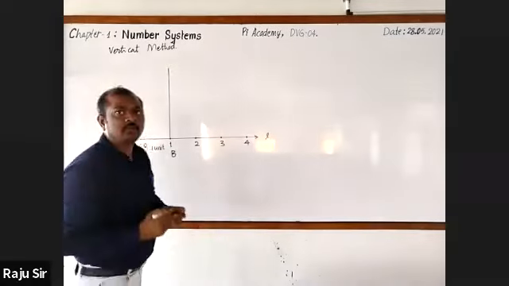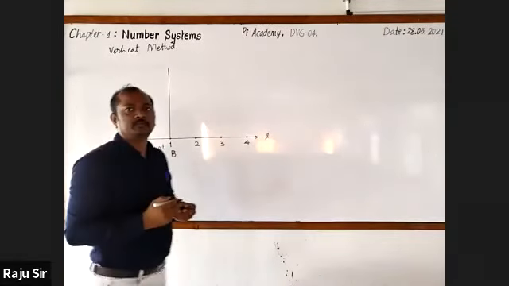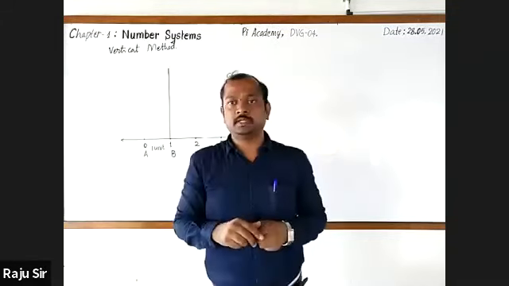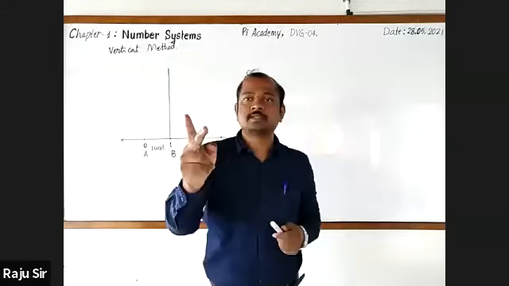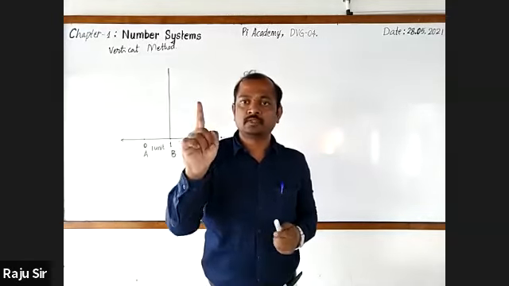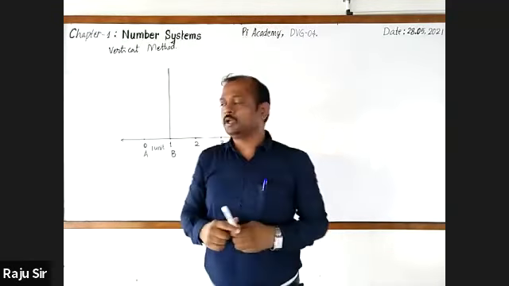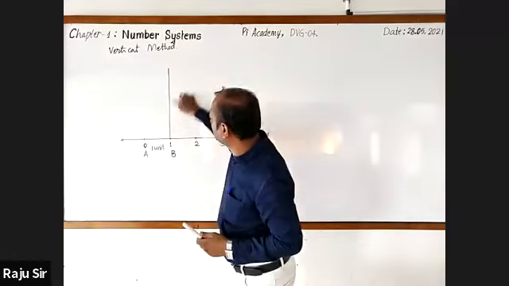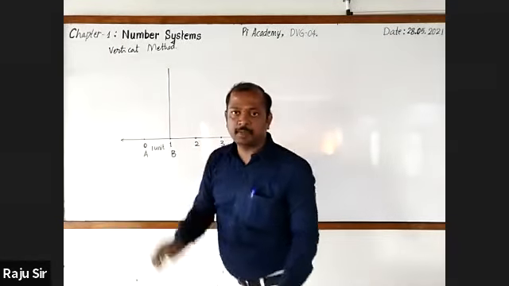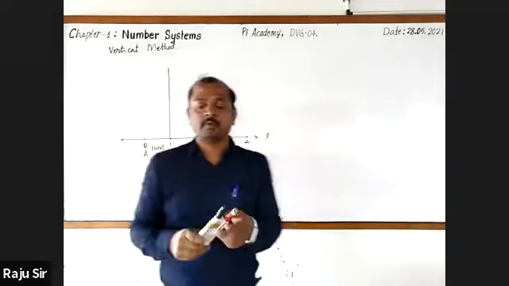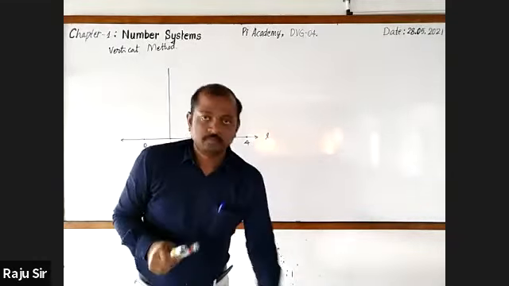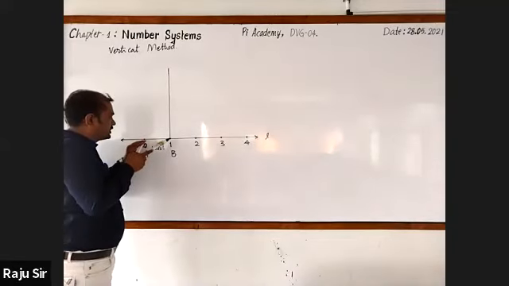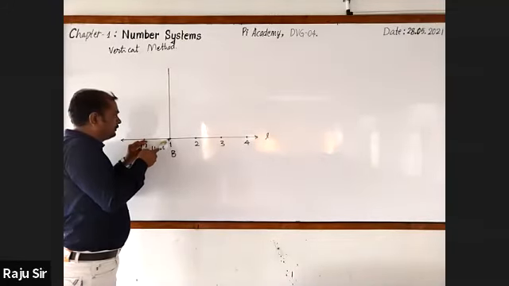Next, you know that root 5 can be found by taking the 2 sides of the right triangle as one 2 units and another 1 unit. Already 1 unit is taken, hence we have to mark 2 units on this perpendicular. Therefore, we have to use the compasses. Let us take the distance of AB.